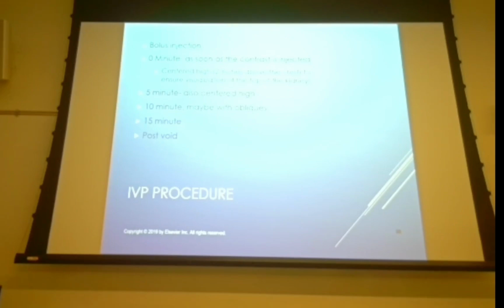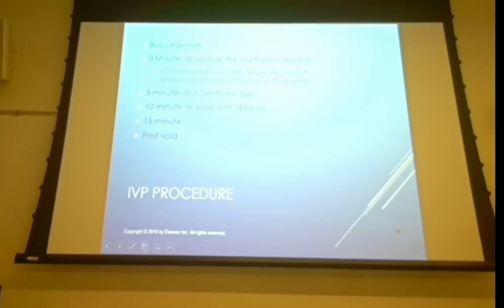So if that's the way you want to go about it, especially if they've used a very small gauge needle, if they've got a 24 gauge needle, you don't really have time to push two 60 cc syringes worth of contrast into the patient before the contrast is going to start coming down the ureters. So in those cases, you might inject one syringe, shoot your 0 minute, and do the next one.